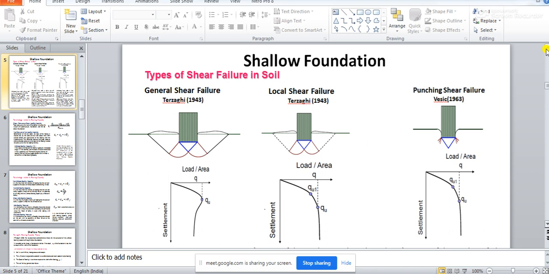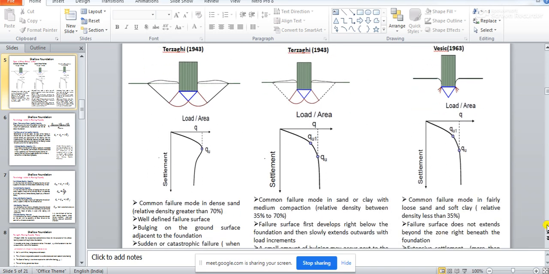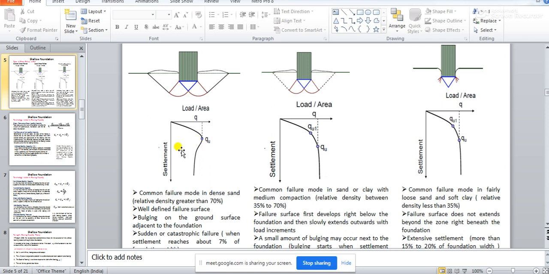Before getting into these three different types of shear failures, let us try to understand the load settlement curve. This is your typical load settlement curve. For different types of shear failures, load settlement curves will be of different types. The load settlement curve is like the stress strain curve you have earlier understood for mild steel in solid mechanics.